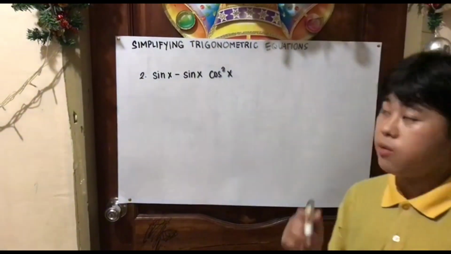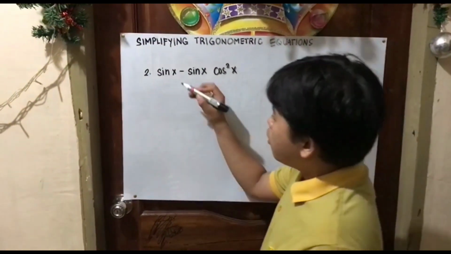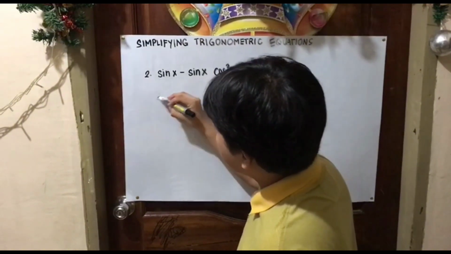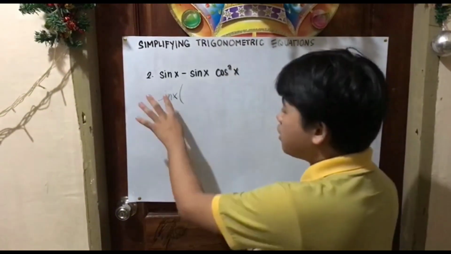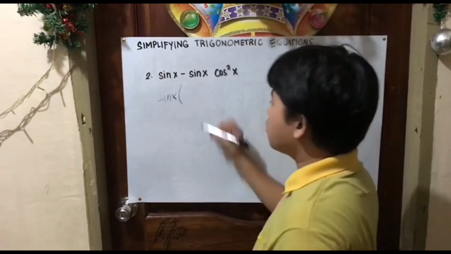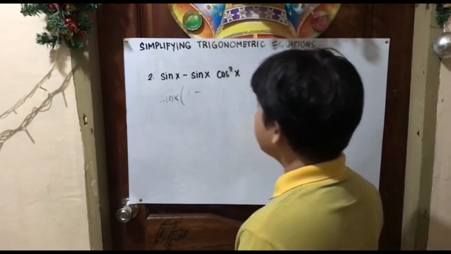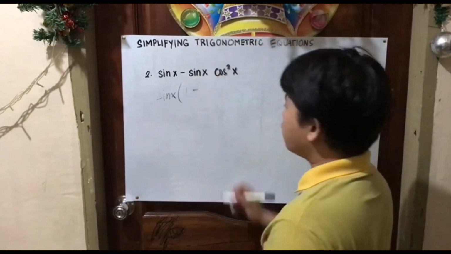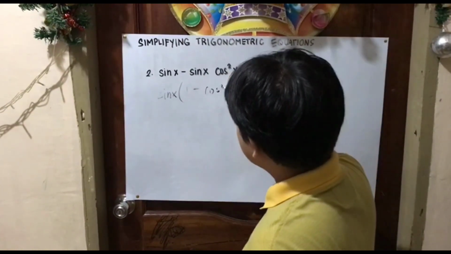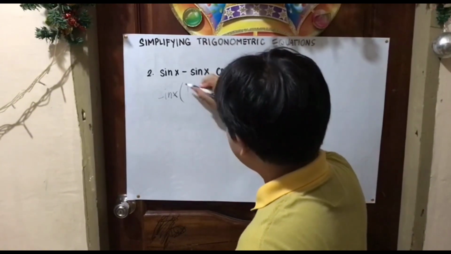So sine x is our common factor. We put sine x outside, so it will be like this. Sine x divided by sine x is equal to 1, minus sine x times cosine squared x divided by sine x is equal to cosine squared x.